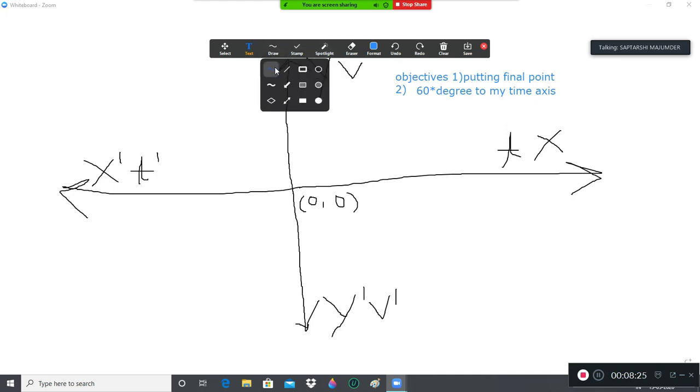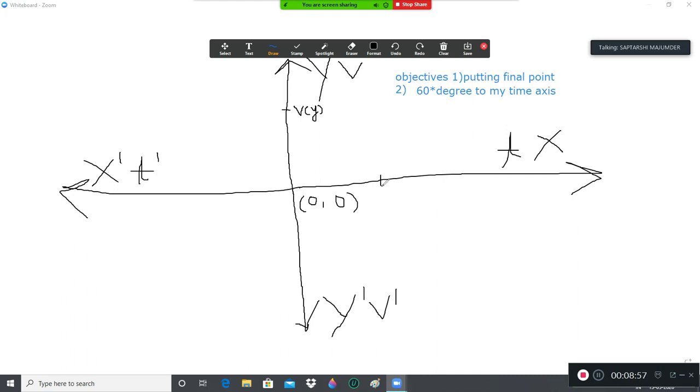So if I draw now, what is my final point given in the question? The final point given in my question is vy comma tx. So let this point be vy. It is said because v is the velocity and it is on the y-axis. And any point on it I can say it is tx because it's a time axis.